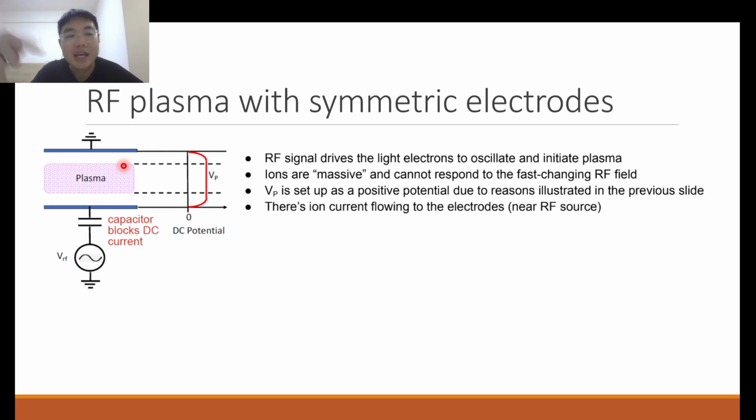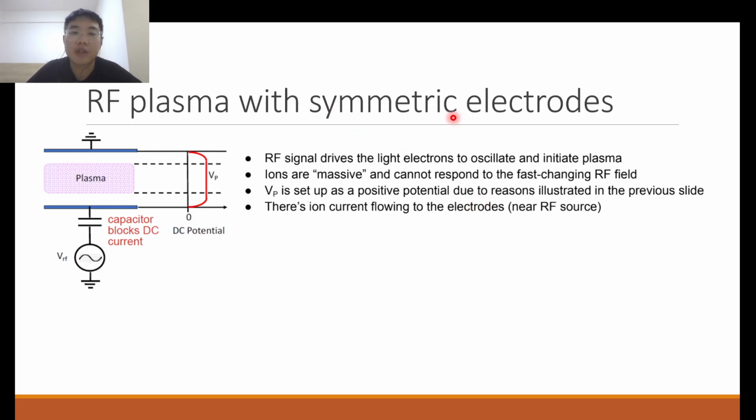And when these electrons are undergoing high velocity motion, they can easily interact with the other species in your plasma, especially your neutral species, to generate more electrons, more ions, more excited species and all that, and thus maintain the state of the plasma. Okay.